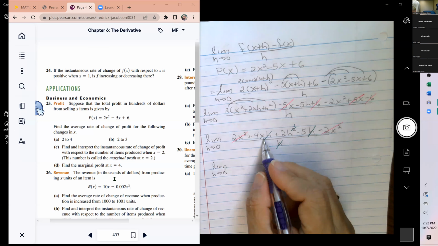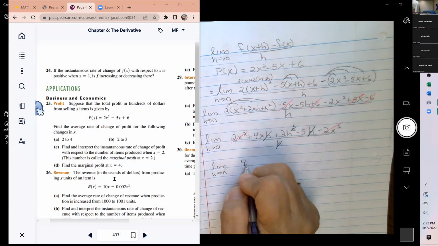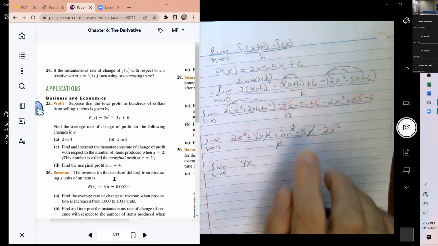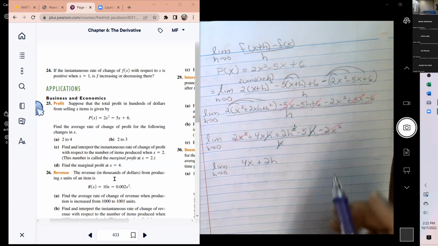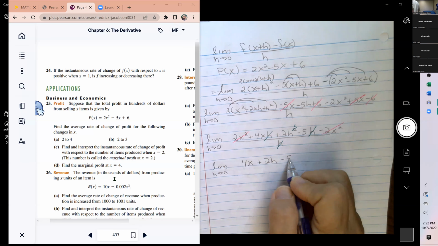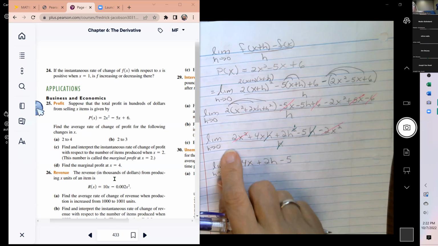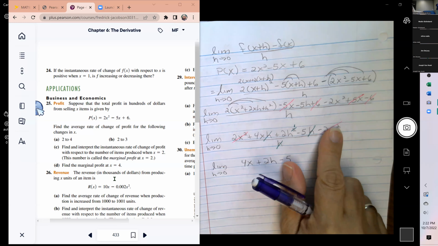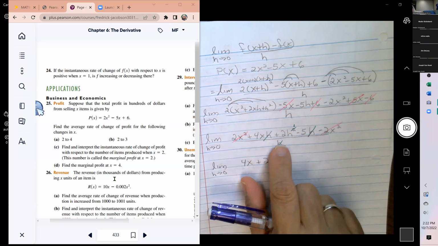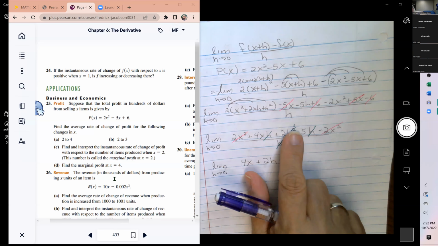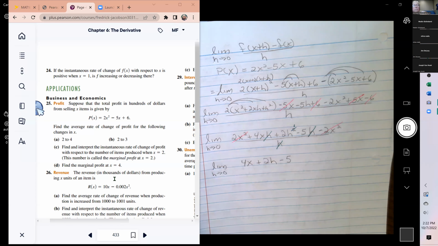So we have 4x plus 2h minus 5. So the 2x squared and the negative 2x squared canceled. And then there were 3 terms left. I canceled an h from each of them. Any questions on that?